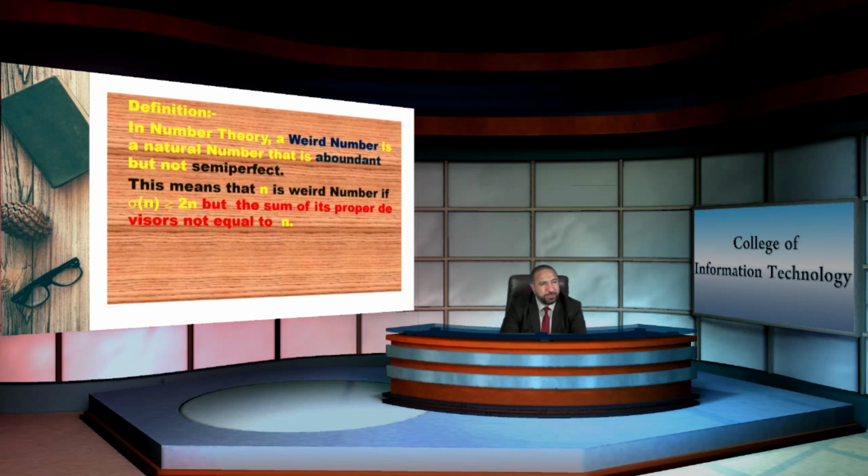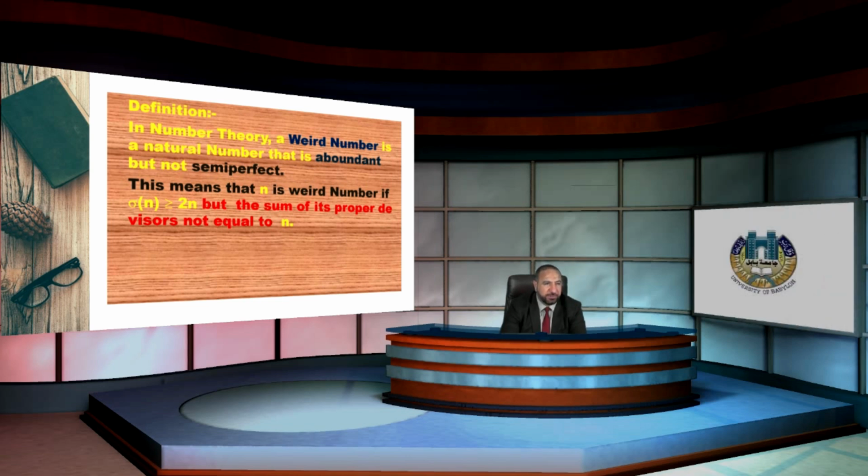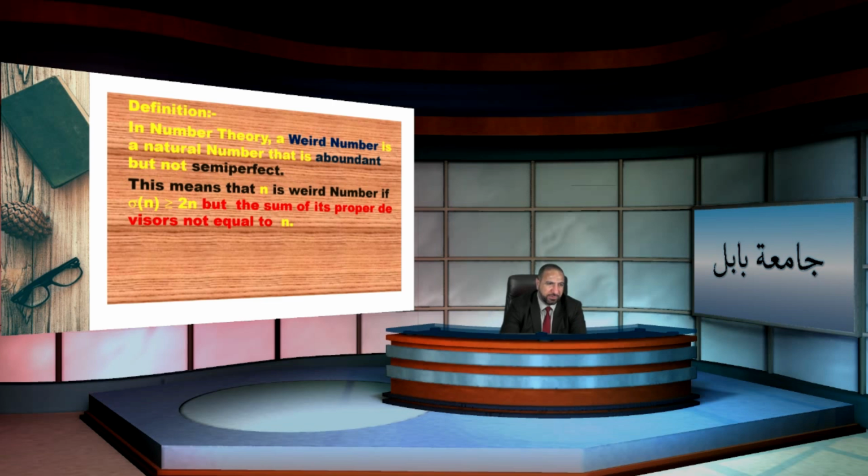If 12 were a weird number, then 12 would have to satisfy the condition that no sum of proper divisors equals 12. But this does not hold because, as I mentioned before, 2 plus 4 plus 6 equals 12.